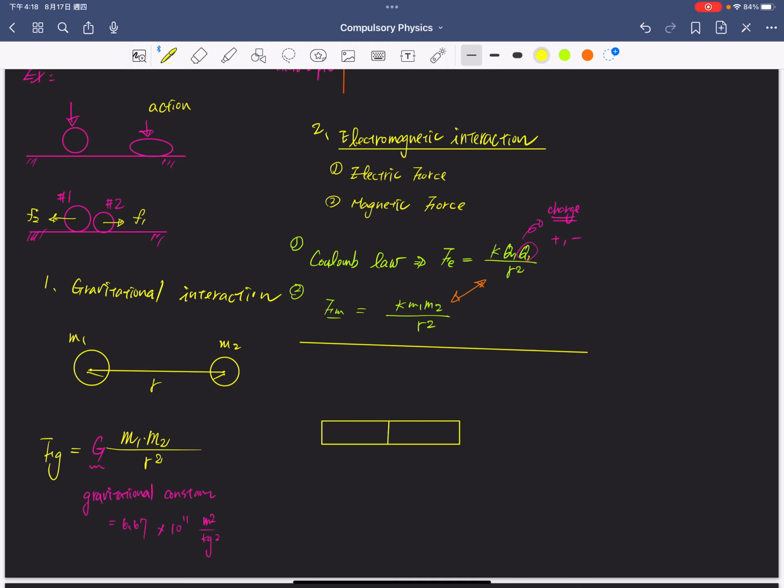The magnet has the N force and the S force. You can just imagine there is a force affecting the space, and finally this comes back to the magnet, just like this one.